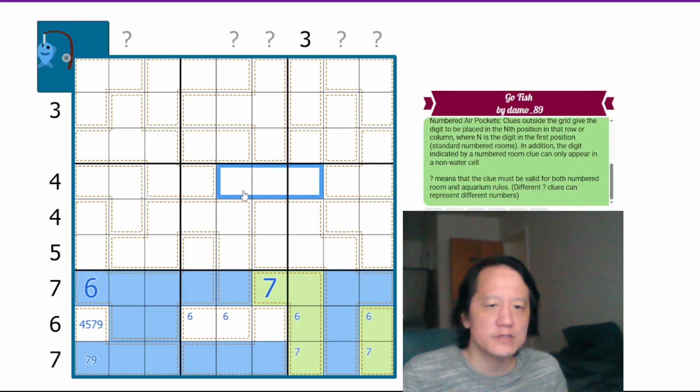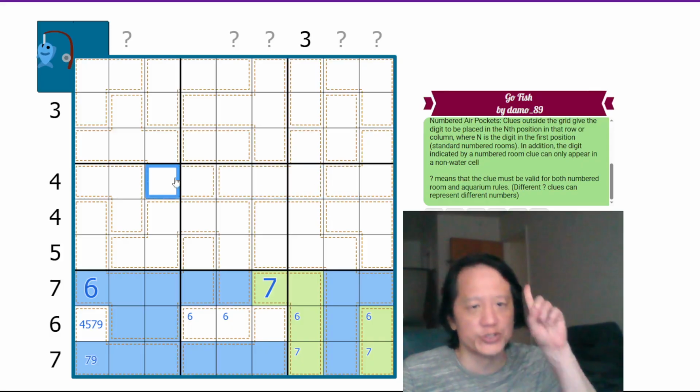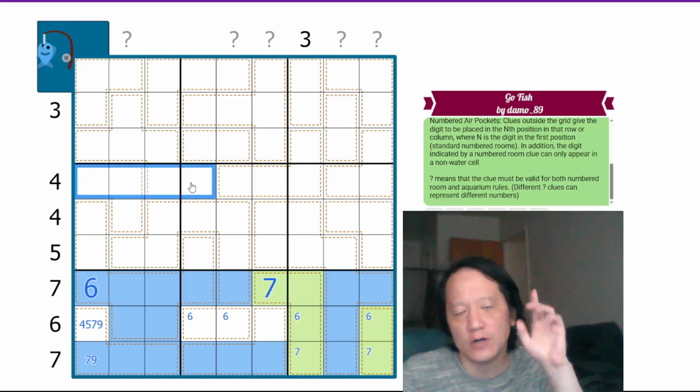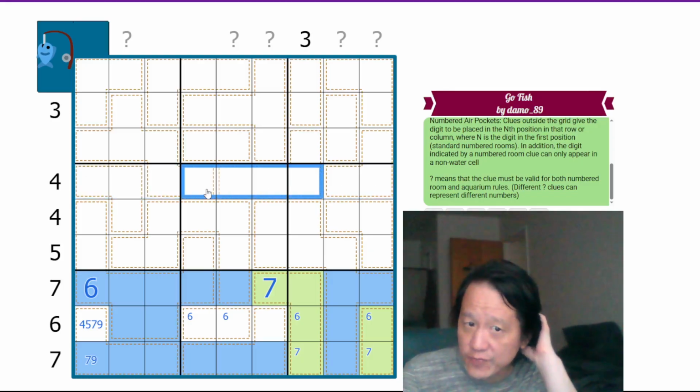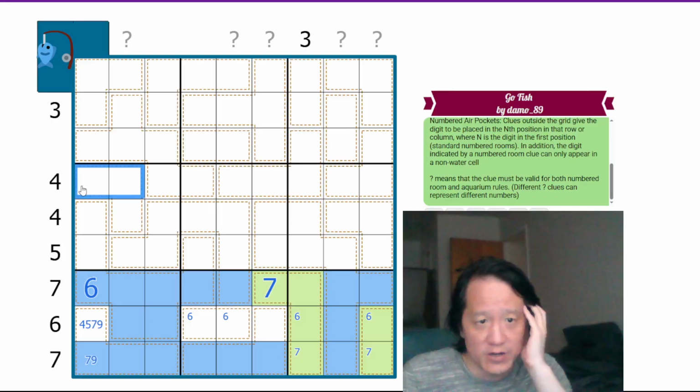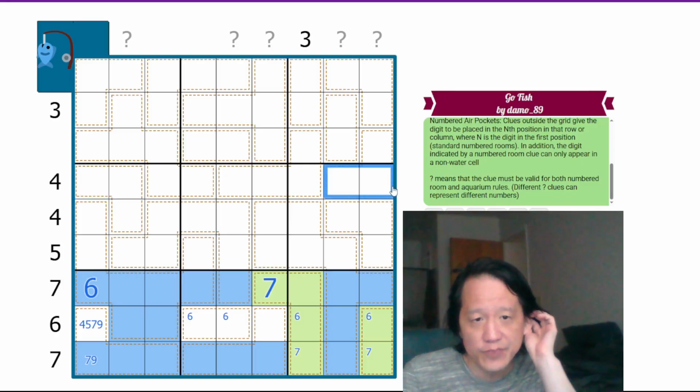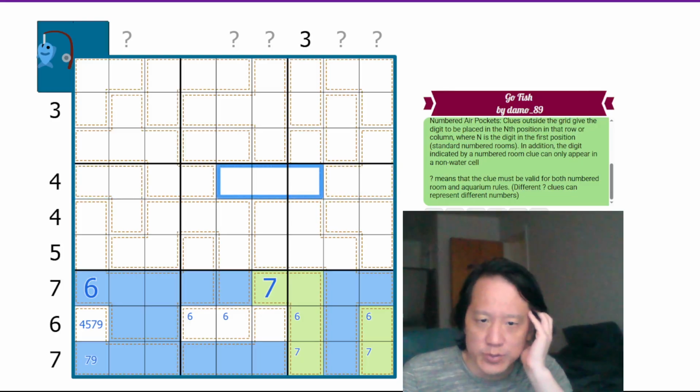So that means this cannot be water. If this is water, we need a singleton digit to be water in row 4 to add up to 4, but we only have pairs of digits in the same row. So this is guaranteed to be air, which means this has to be air.